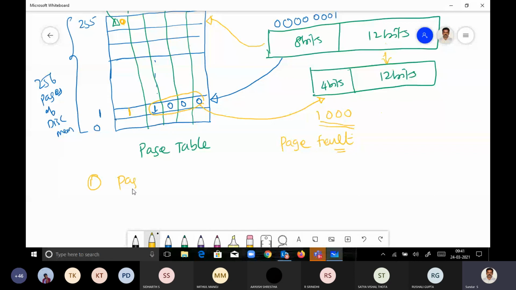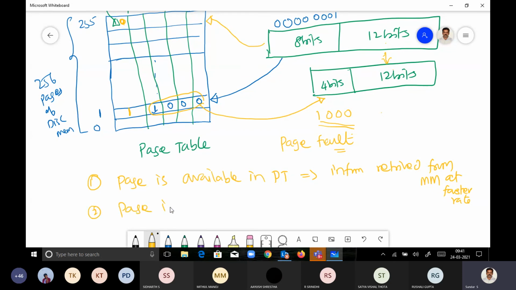If the particular page is available in the page table, then the information is retrieved from main memory at a faster rate. Suppose the page is not available in the page table, this leads to page fault.